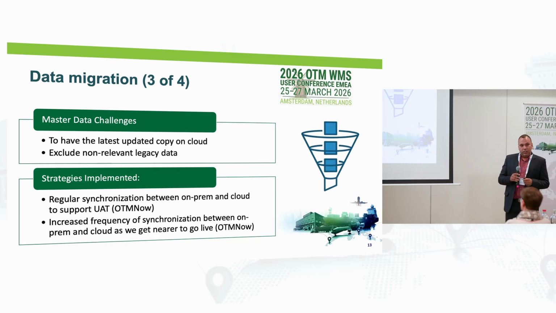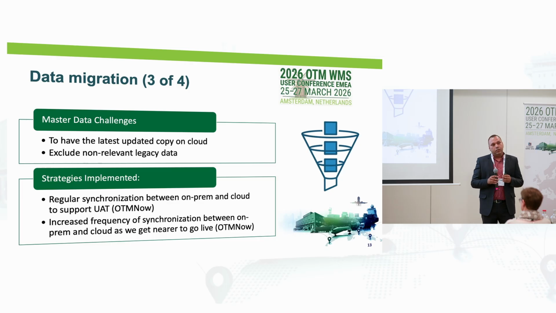For the master, it is similar, but it is more frequent. So you see master data, your locations and your items, they keep on changing, they keep on getting added. There are certain rules which are defined on those objects which keep on changing according to business demands. And we also had to handle non-relevant data, like some data from 6 years ago, never used again.